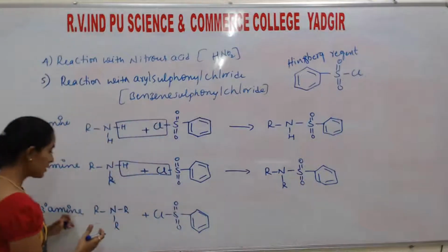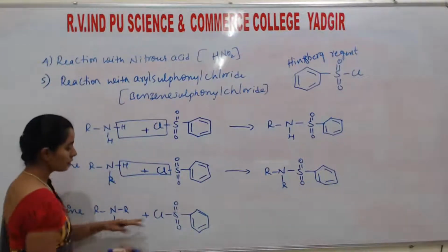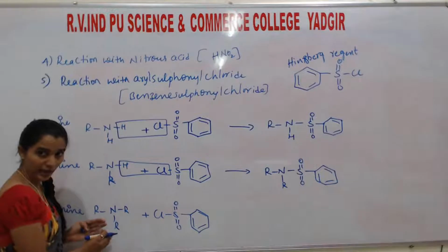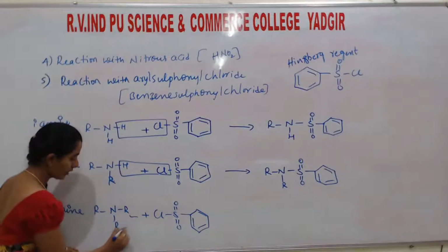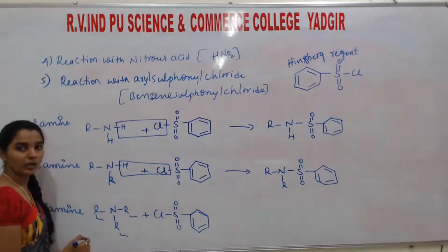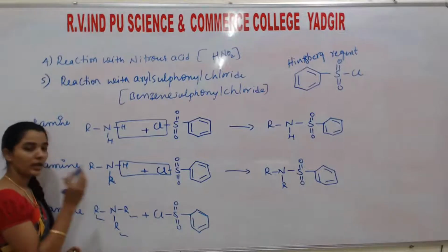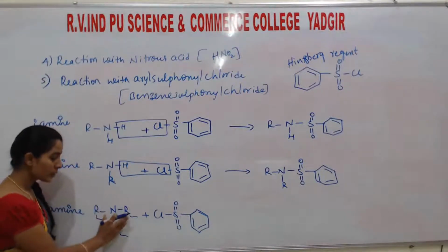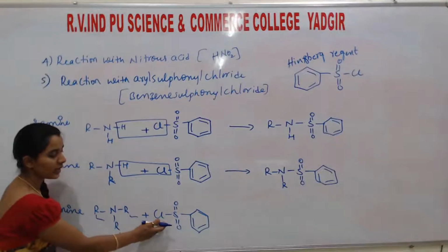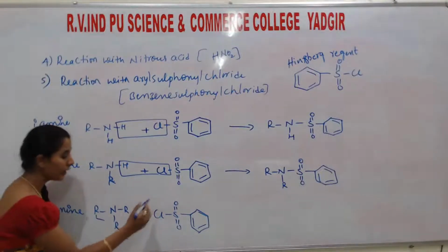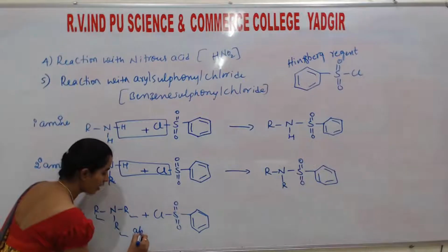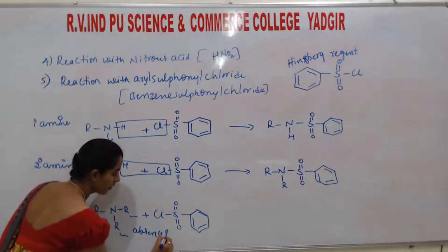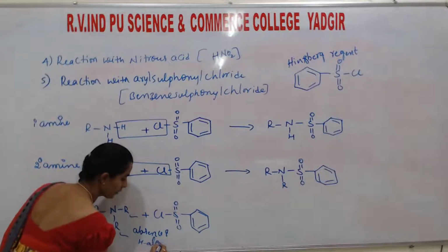Okay, so students, as I told you, to remove the Cl atom we require H. Here all are R groups. These R groups may be identical or non-identical, they still don't react with this benzene sulfonyl chloride because of the absence of hydrogen atom.